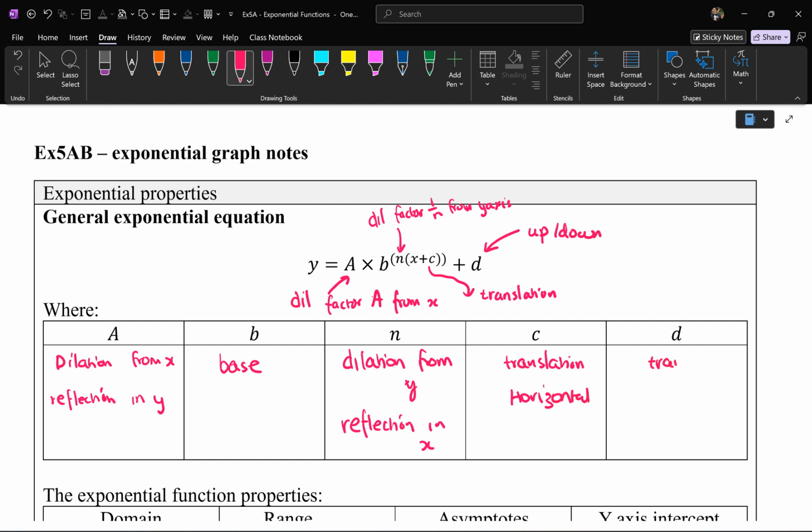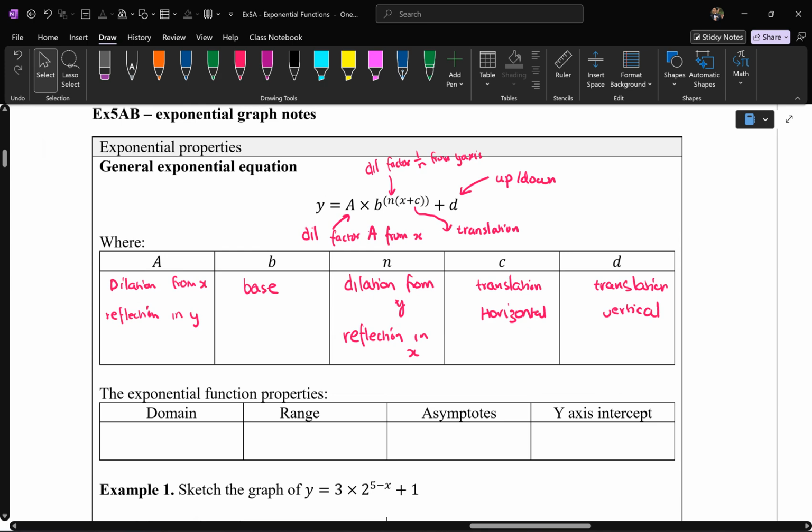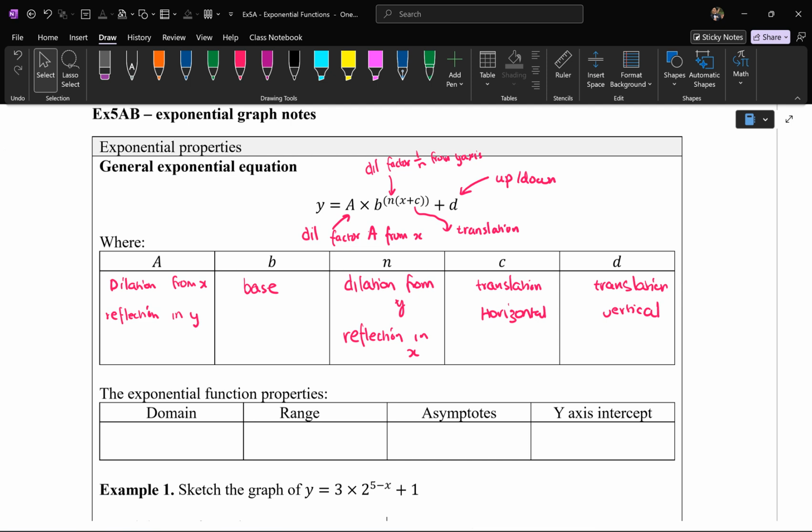And this is also translation, but vertical. And part of exercise 5A is literally doing what we just did there, your ability to read a graph, move it up, down, left, right, including its properties. Now let's go to properties.